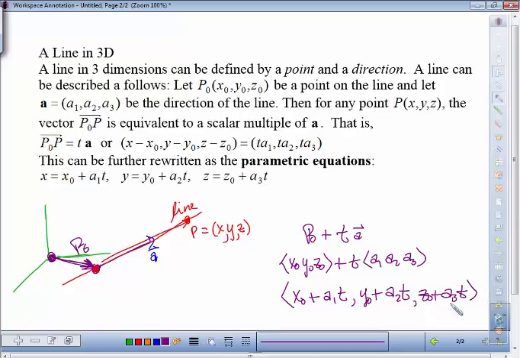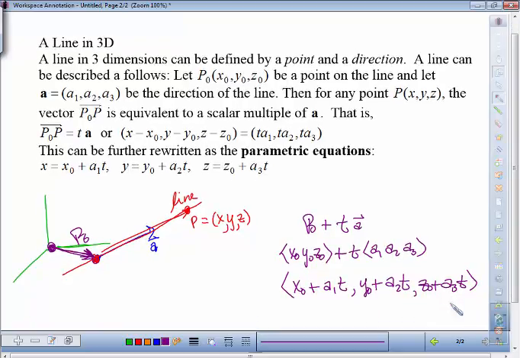So if you take each of these components apart separately, you have x of t, y of t, z of t, and those are your parametric equations. In 3 dimensions, you'll have 3 parametric equations.